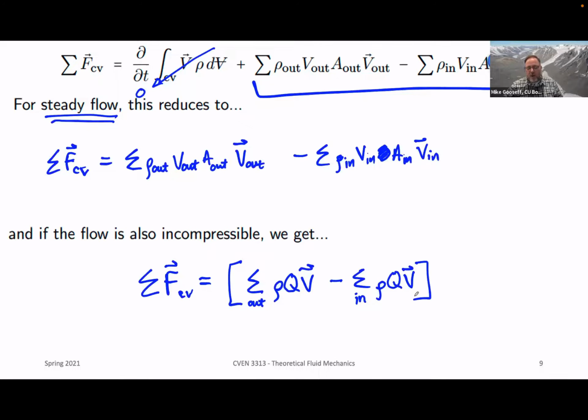Okay, so steady flow, remember, gets rid of this temporal component at the beginning. When it's incompressible, we're just making v times A into Q. You can see we still have the rho in here. We need it for the right units, but it would remain constant for both of these terms.